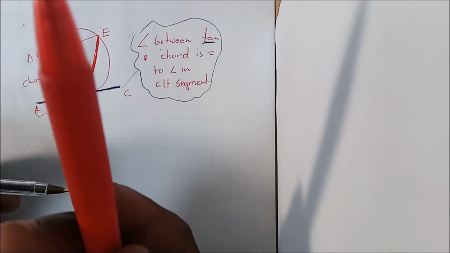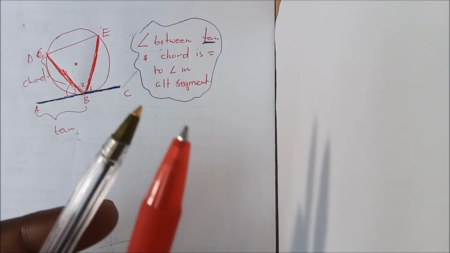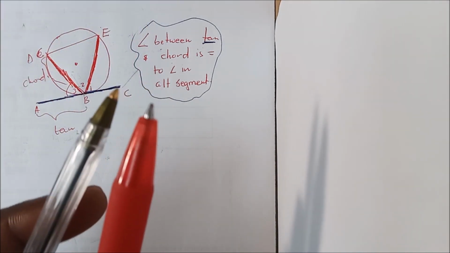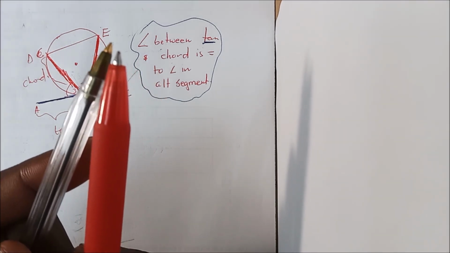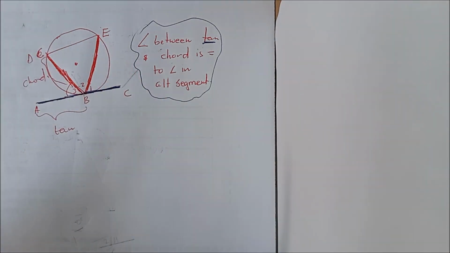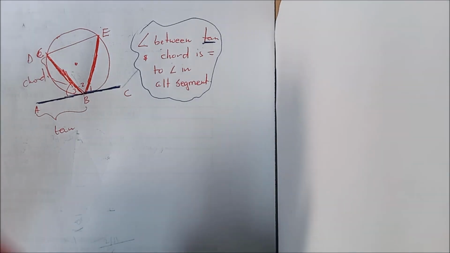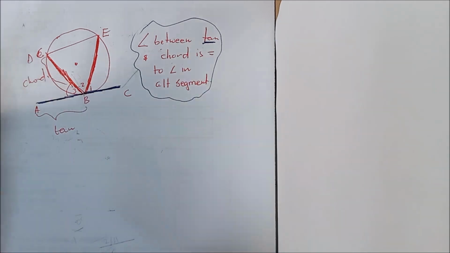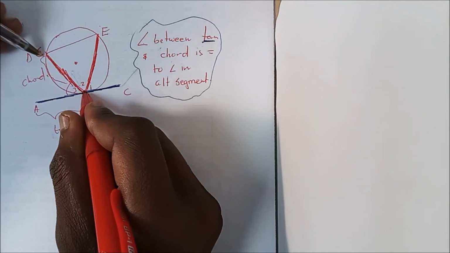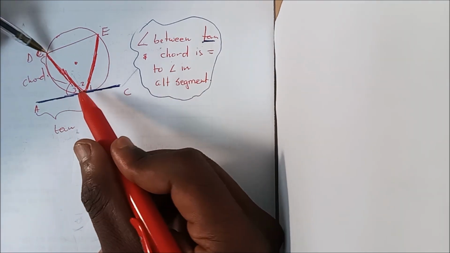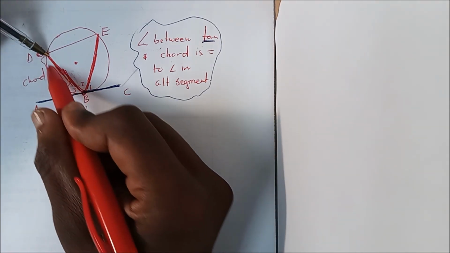So now you are going to place your two pens on that chord you are talking about, such that the angle behind that chord is the angle that is between the tangent and the chord. This is where you'll put it, and this is where you'll put it. So now if you look at these two pens, they are on a chord.